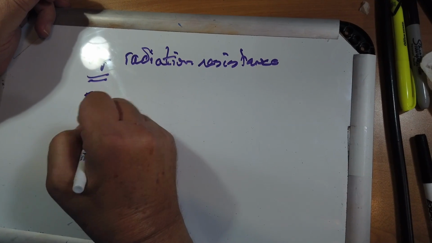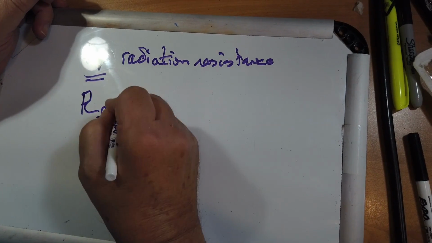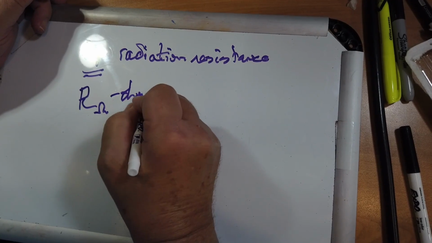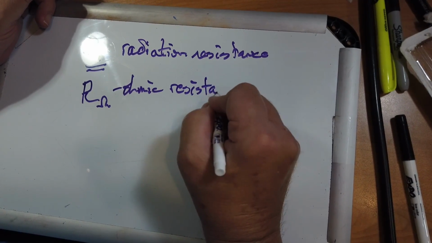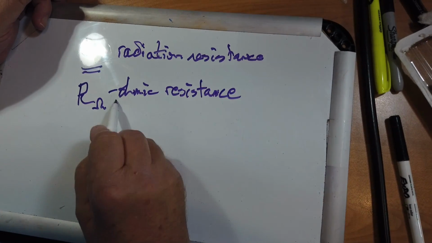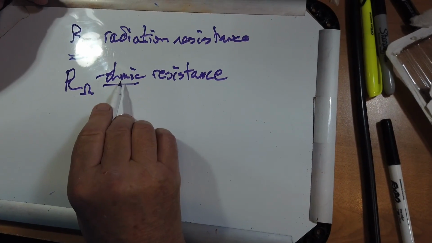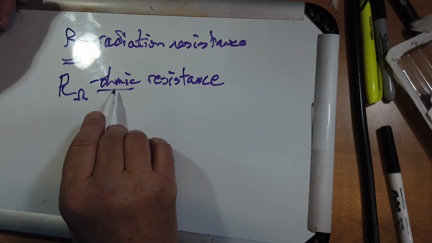Then there's another kind of resistance called ohmic resistance. And the thing about ohmic resistance is this actually is the heat loss in the antenna.